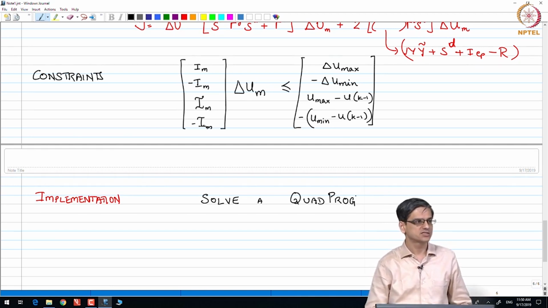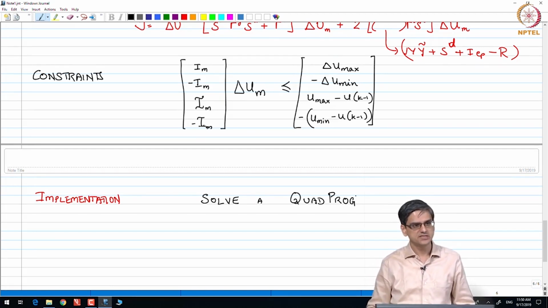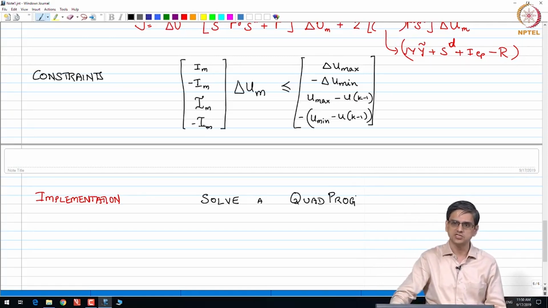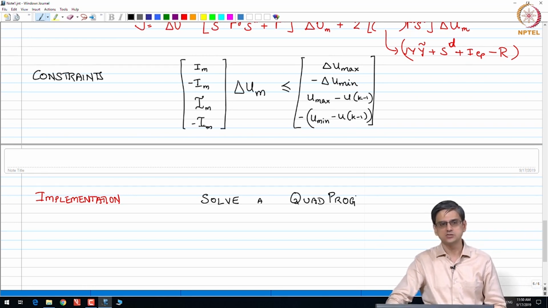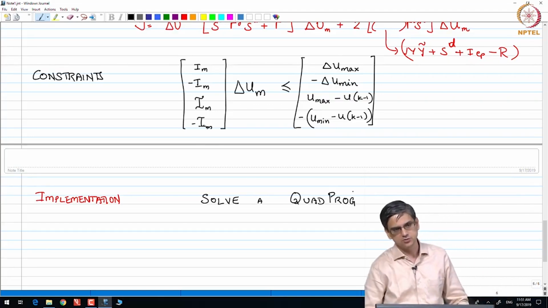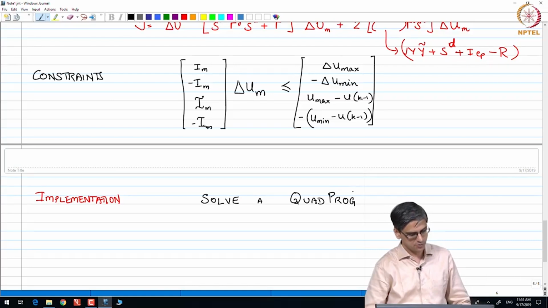As somebody was asking in the previous class, this has a very sparse structure. Because it has a sparse structure, there would be efficient optimization solvers available in the market. You should use those. IPOpt is one example of the optimization solvers. There are various suites available that can do a very good job on quadratic programming problems.